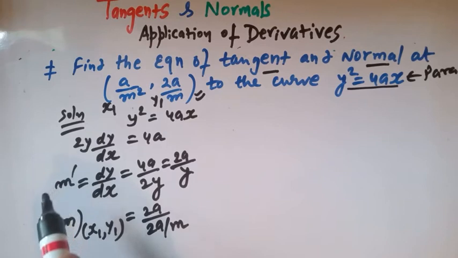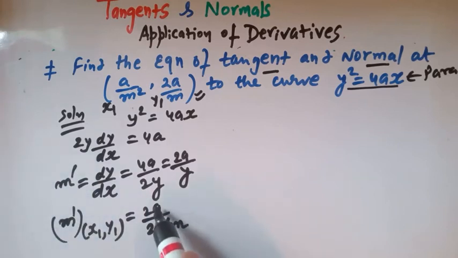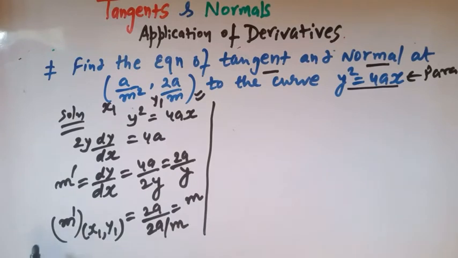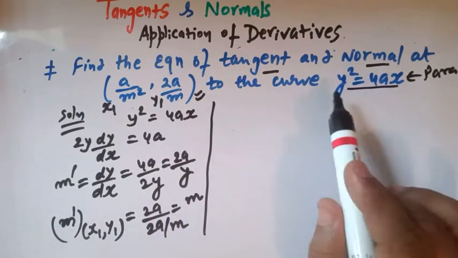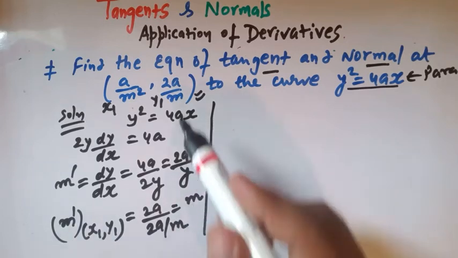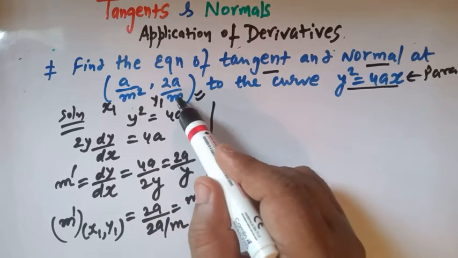So let us say that the slope is m prime. So 2a gets cancelled and we have m. Clear? Now the tangent to the parabola has slope m. Clear? Where this m comes from this coordinate.